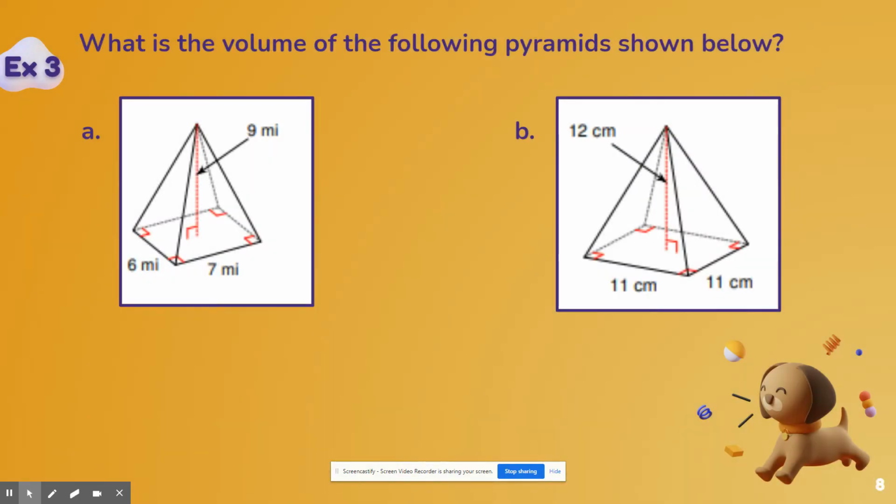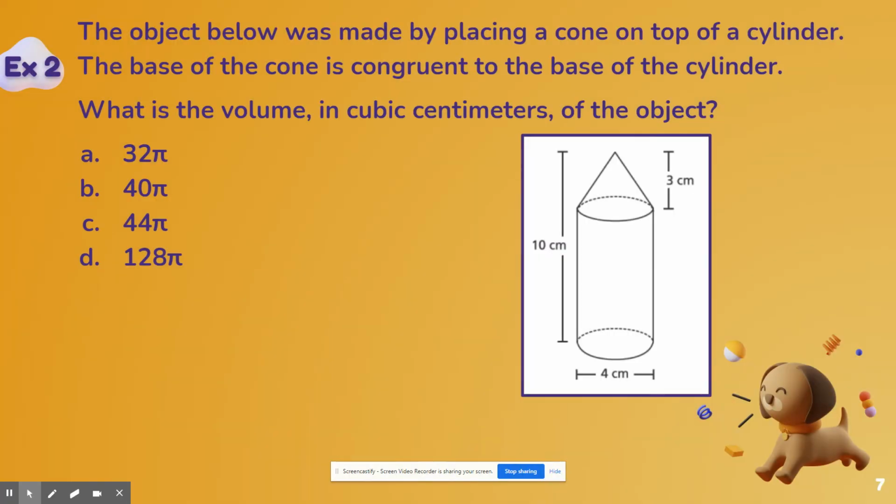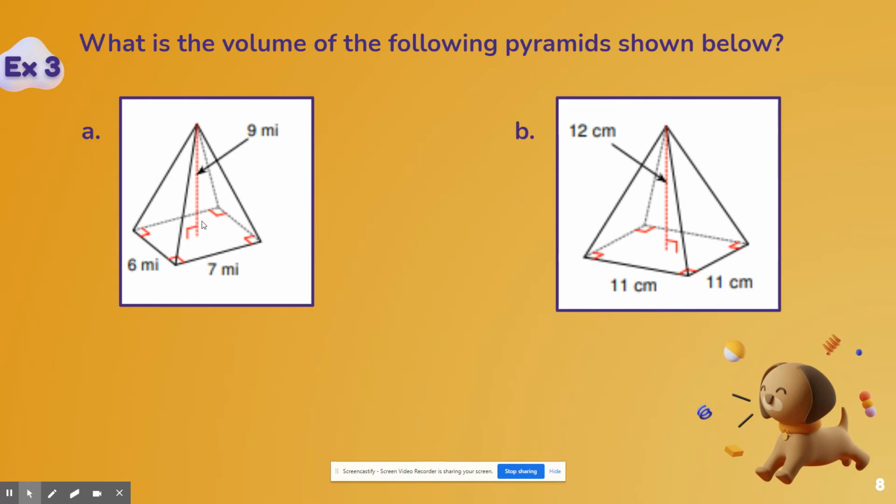Now, this is how to find the volume of a pyramid. If you remember back correctly, the volume of a pyramid was equal to 1/3 area of the base shape times the height. Well, this is a rectangle, so I know that the area of the base shape is length times width.